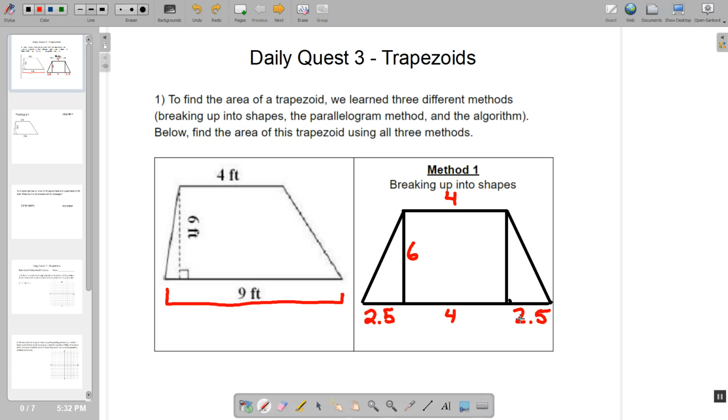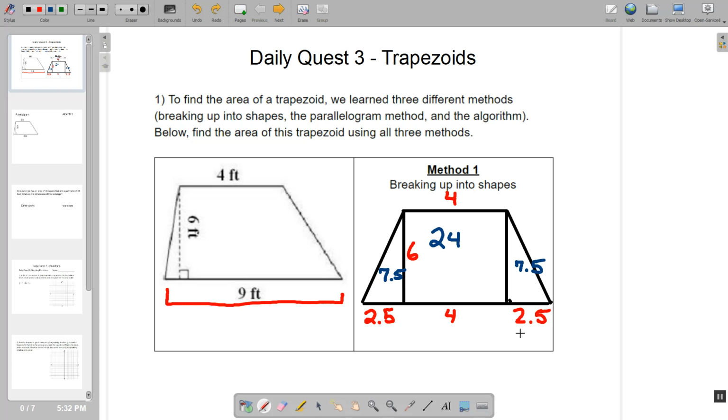So, the rectangle in the middle has an area of 24 square units because it is a rectangle that has a height of 6 and a base of 4. The triangles on the side are going to be 2.5 times 6. That answer divided by 2, which ends up giving us 7.5 for each of these triangles.